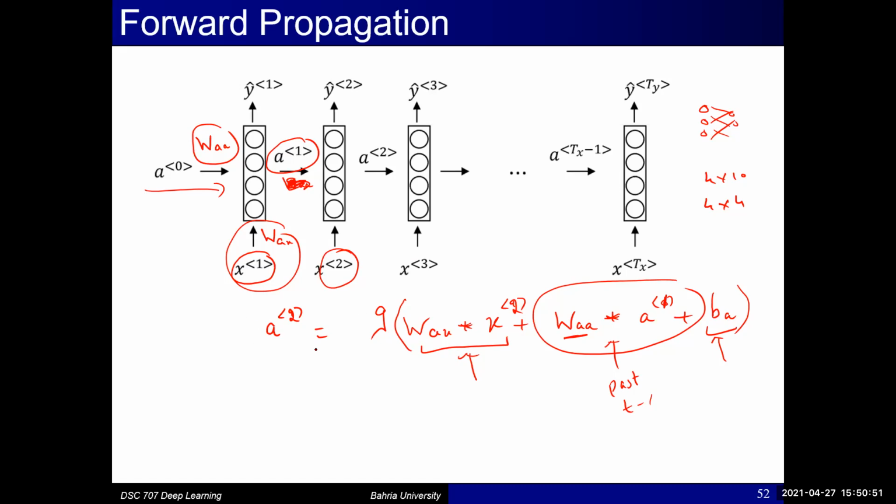So you see, the same expression works for every timestamp. You just have to write it for AT. If you write it for AT, you can just replace the value of t and easily convert it into any value that you like.